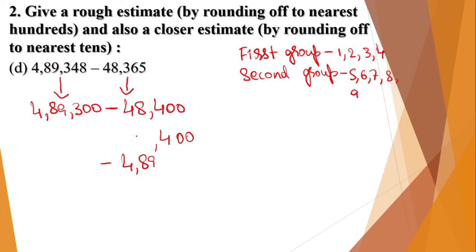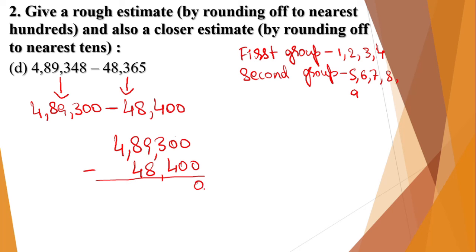So we have 48,000 now. So 48,400 and 4,89,300 minus 48,400 we should do.